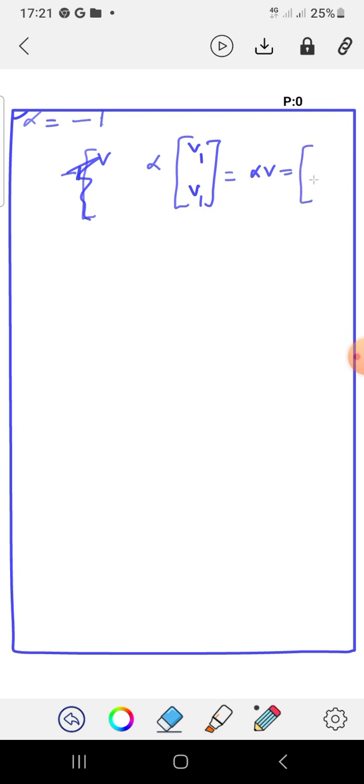Let's set alpha to be minus 1. So it's going to give us minus v1, minus v2. All these things may still be looking weird, but don't worry, just trust me. Just trust me.